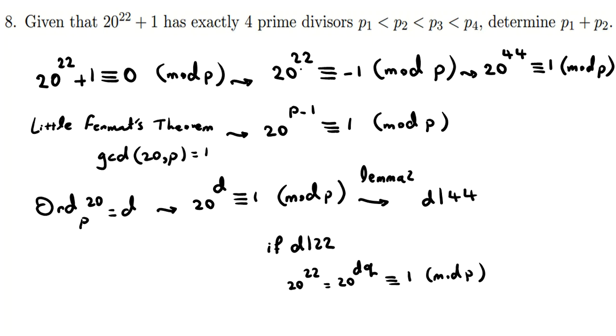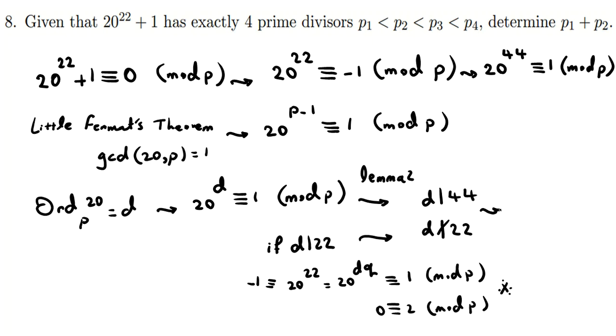Because then we know 20 to the power of 22 is negative 1. Then if we take negative 1 to the right-hand side, P divides 2, so P is a divisor of 2, but this is even plus 1, an odd number, and that's a contradiction. So we conclude, because we've reached a contradiction, D doesn't divide 22.